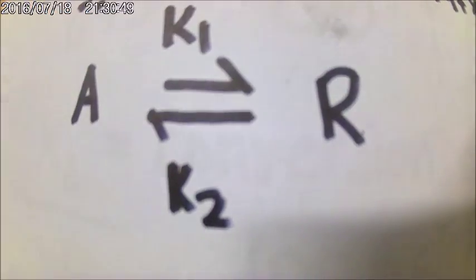So for the reaction A and R, which are reversible, we have k1, k2. Let M be CR naught over CA naught.